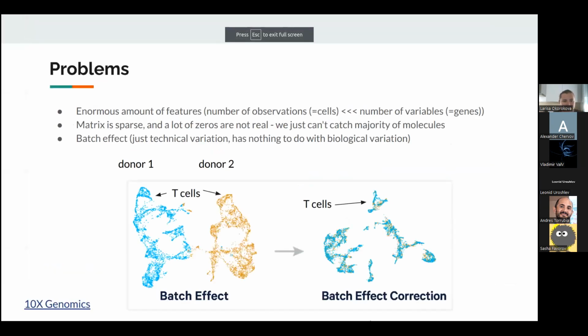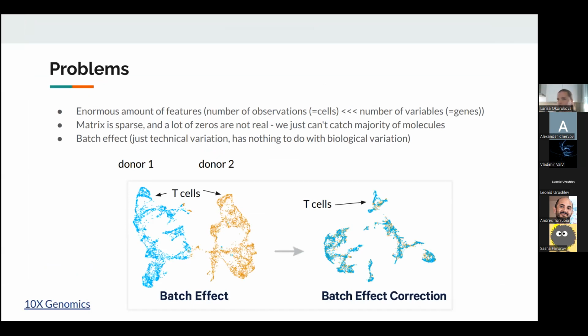The last thing that I wanted to share with you is the problems we experience as biologists with our own data. What is the big problem of biological data for all the machine learning engineers, and for us too? The thing is that we have an enormous amount of features.